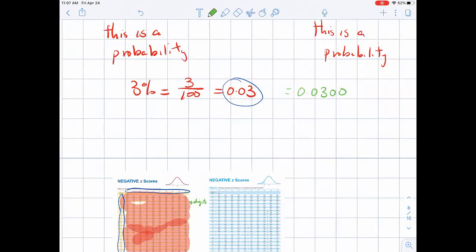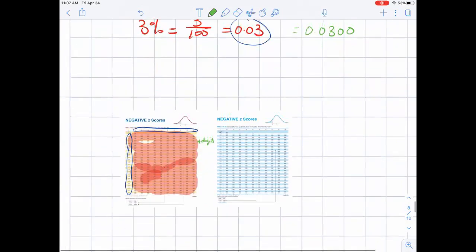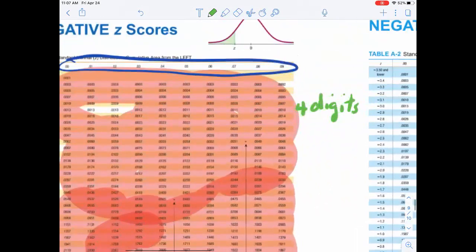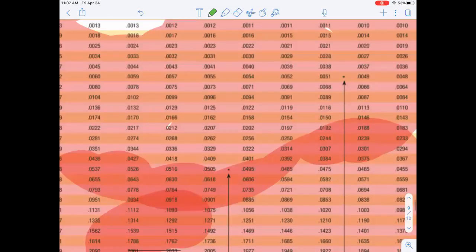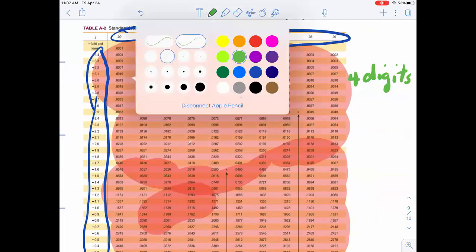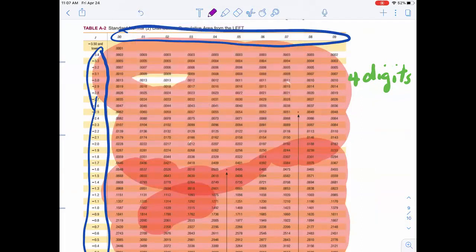So we're going to look up in here for 0.0300. Let me change color. The closest thing I found is 0.0301.